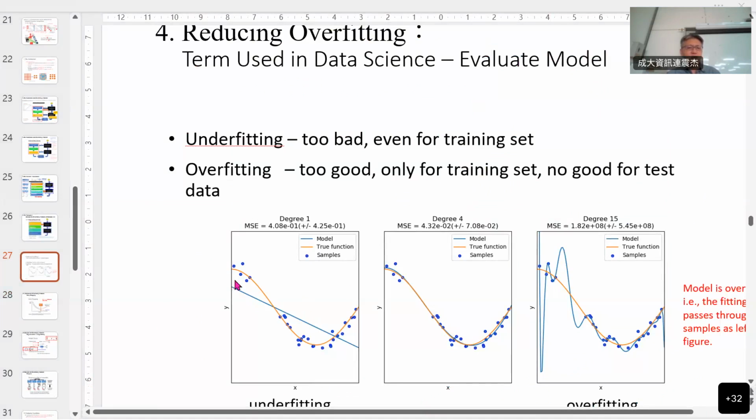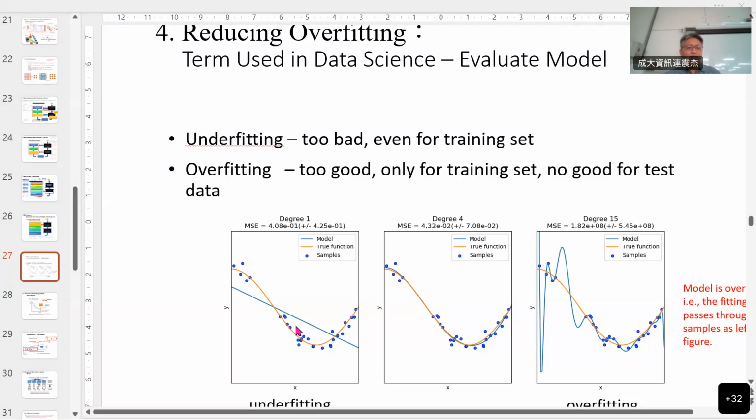Suppose you have samples here, and you try to find the best regression line to fit them. The blue line is the model. The best result is when the model fits the ground truth function.